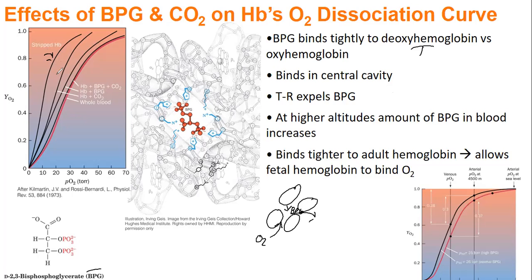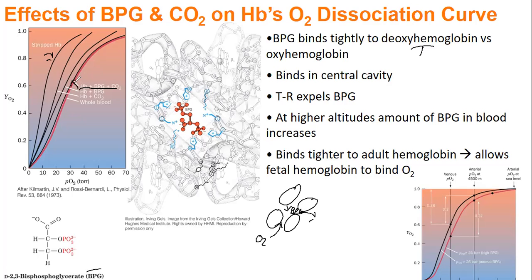You can see P50 is really low. So if you don't have BPG, your blood does not want to get rid of the oxygen. While if you start adding BPG and carbon dioxide, your hemoglobin wants to give oxygen away.